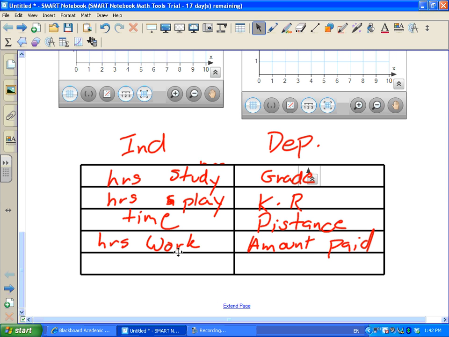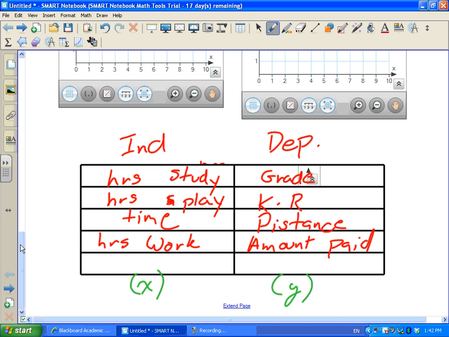So what we've written there is a list of independent and dependent variables. An independent variable, doesn't matter what it is, could be hours of study, play time, work, is always going to go on our x-axis when we write a coordinate down. Our dependent variable will always go on the y-axis.